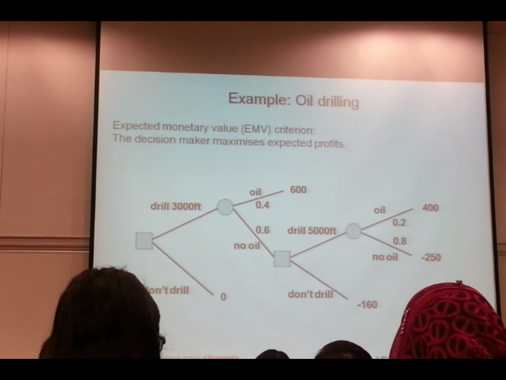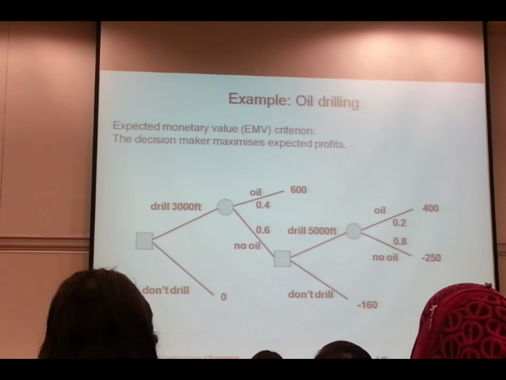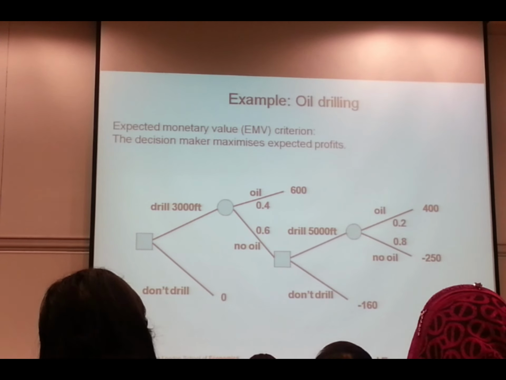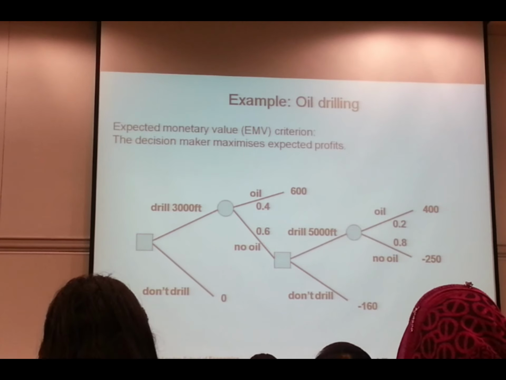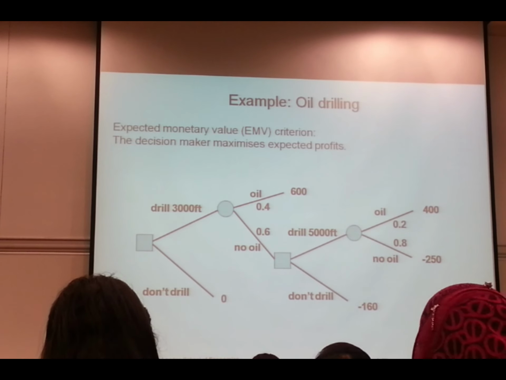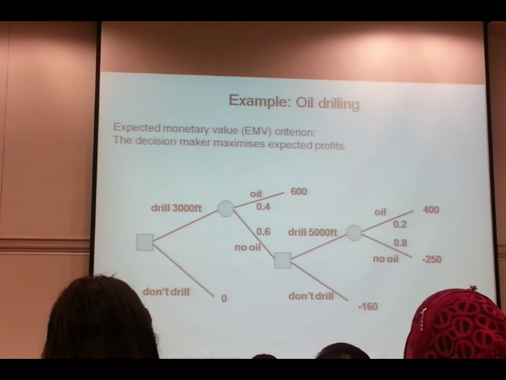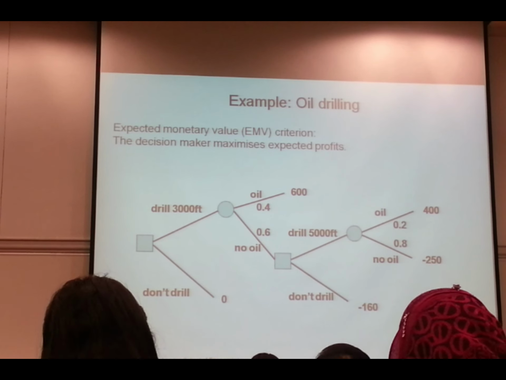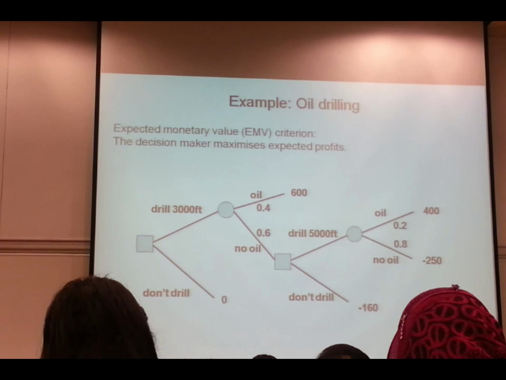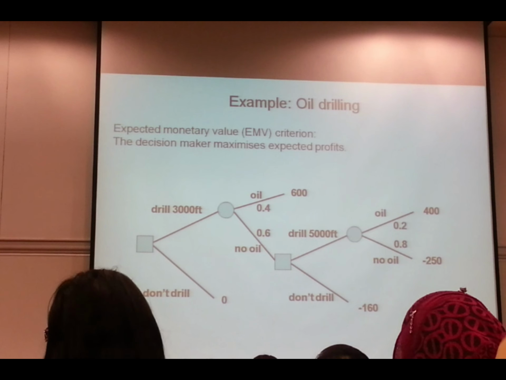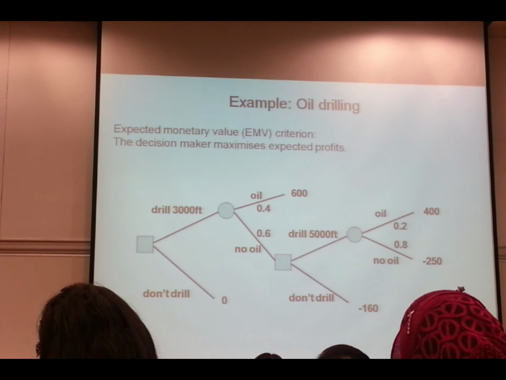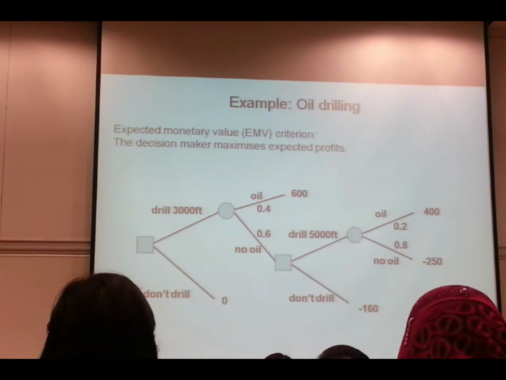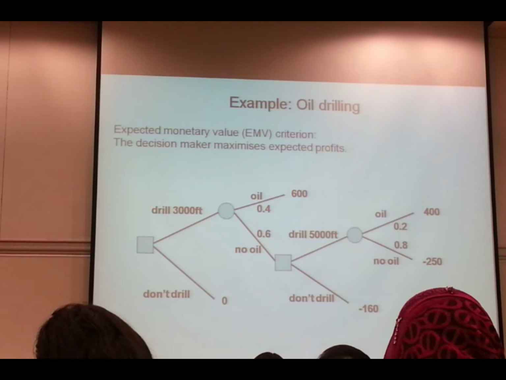And that uncertainty is going to tell me if I'm going to strike oil or not in the second layer. Not striking oil is an 80% probability event, and I will have lost 160 from the first layer and another 90 from the second layer. Striking oil happens with 20% likelihood, and that means 400,000 in profit.